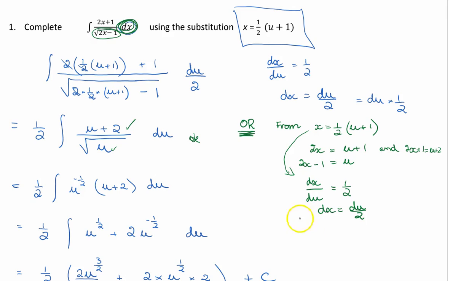So we'd actually have that the integral becomes the 2x plus 1, which is u plus 2, over the square root of u, and dx is du half, take the half out, separate it and put it out here. Which is exactly that line.